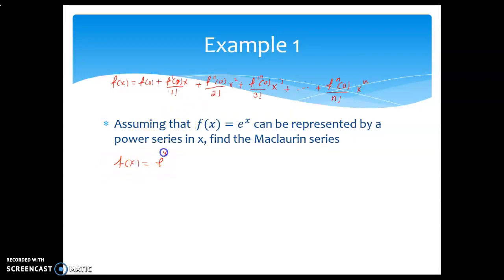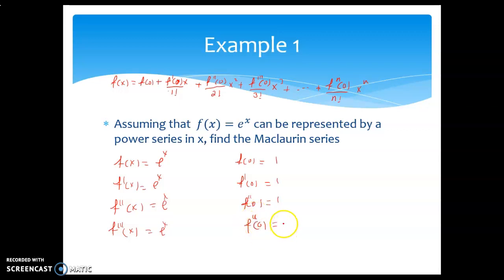My f of x is e to the x, and f of 0 is equal to 1. f prime of x is equal to e to the x, and f prime of 0 is equal to 1. f double prime of x is e to the x, and f double prime of 0 is equal to 1. f triple prime of x is e to the x, and f triple prime of 0 is equal to 1.